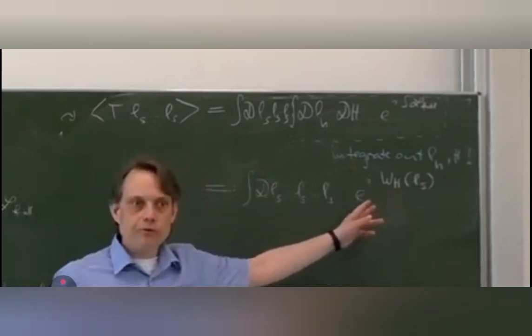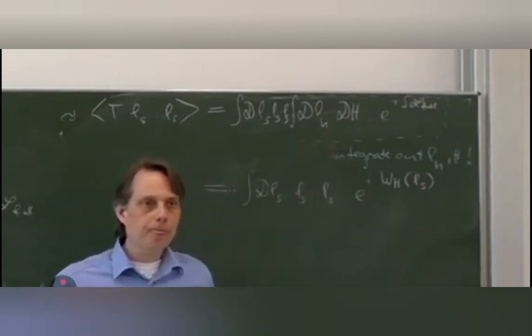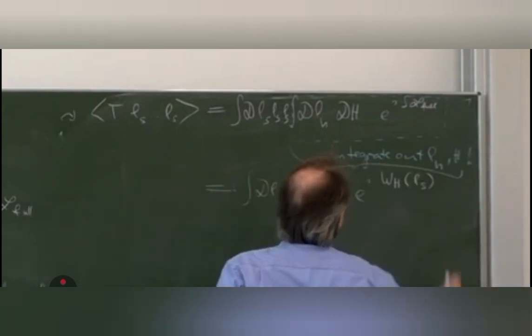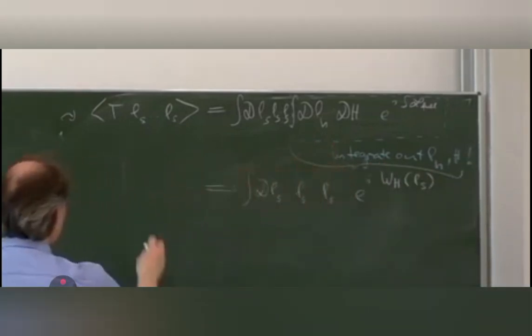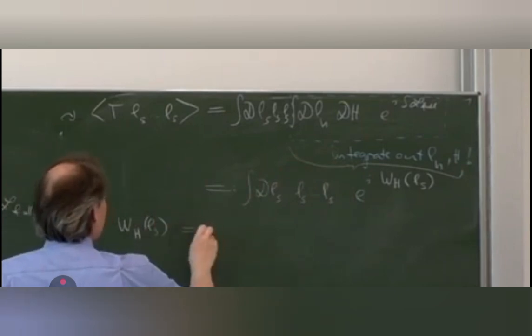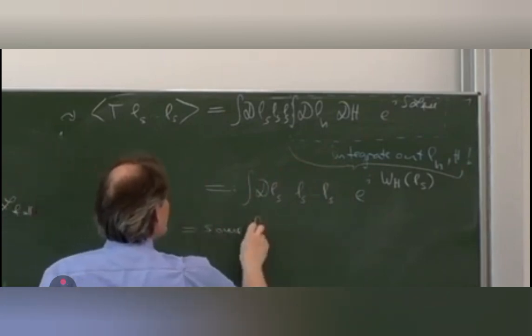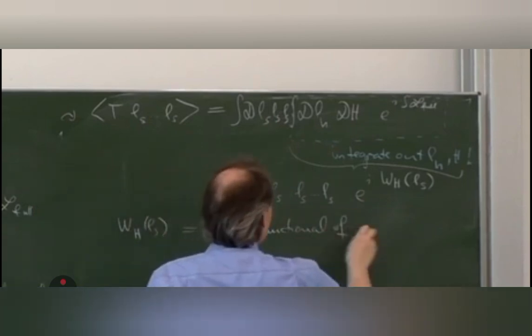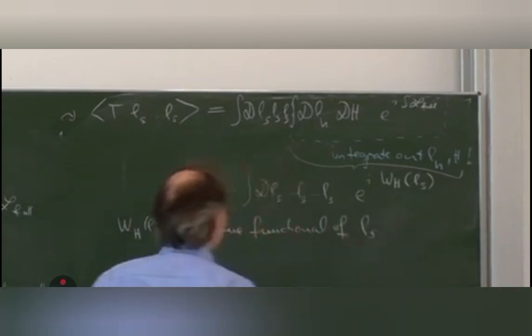So this e to the i W_H of L_S is just the name for the blue box. W_H of L_S is some functional of L_S.